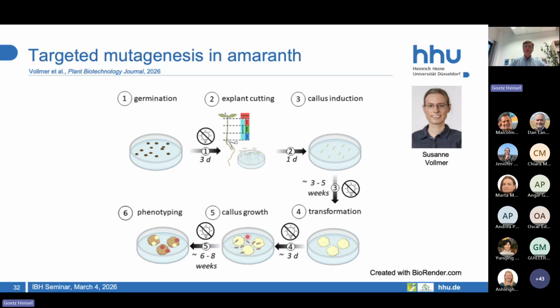She continued callus growth and then changed the media composition in order to get regeneration. But this, in combination with the agrobacterium transformation, didn't work. So what we achieved in the end was transgenic calli, but not fully developed transgenic plants so far.